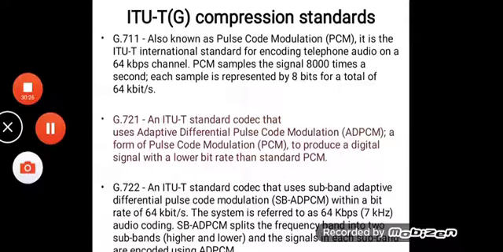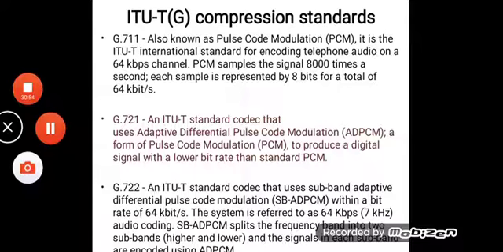But what sub-band adaptive differential pulse code modulation, that is SB-ADPCM, suggests is that when we divide the audio signal based on its frequency range, we get more and more compression, and we can save a lot of space, as well as considerably save on bit rates.